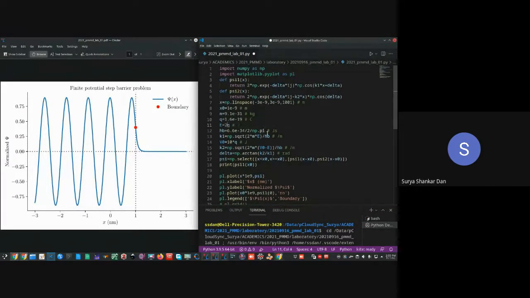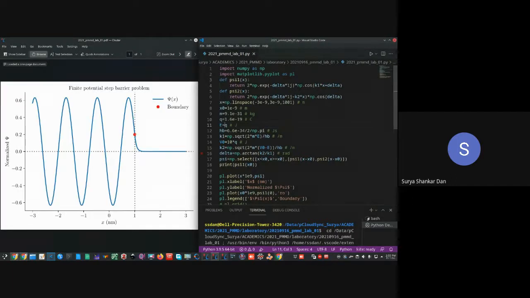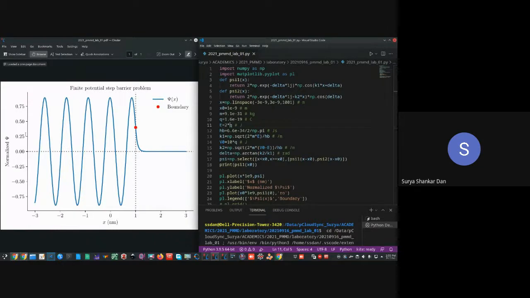Let me remove this 2 and show it once again. Look at the dot. This red dot was close to 0.2. That is the magnitude, right? Now if I make it just double the particle energy, from 0.2 it has come to almost 0.4 or something.